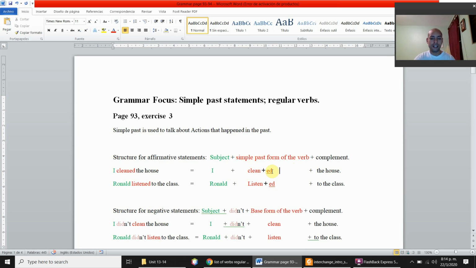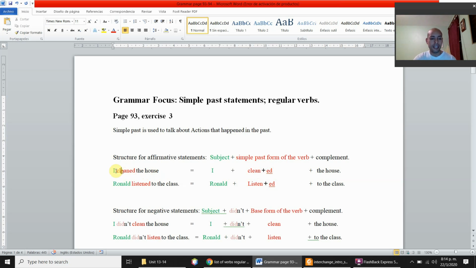Here you have to add ed to the verb. But this is only for regular verbs. So keep this in mind, only for regular verbs. The simple past form of the verb, the regular verb plus ed.